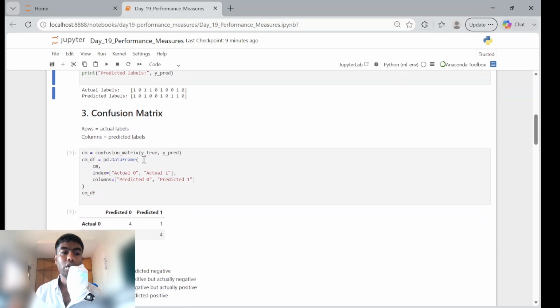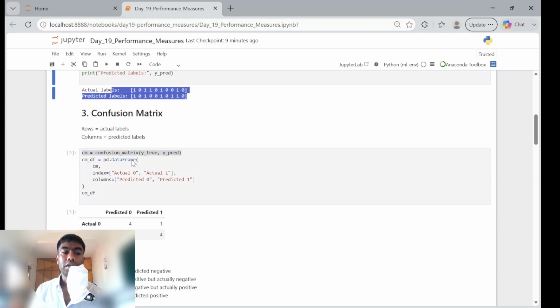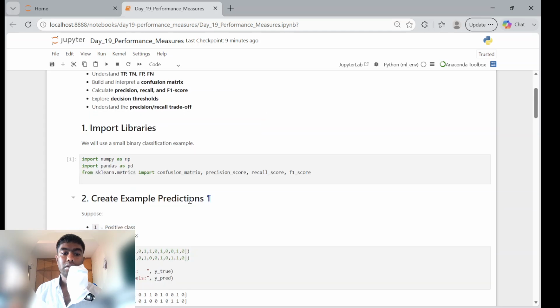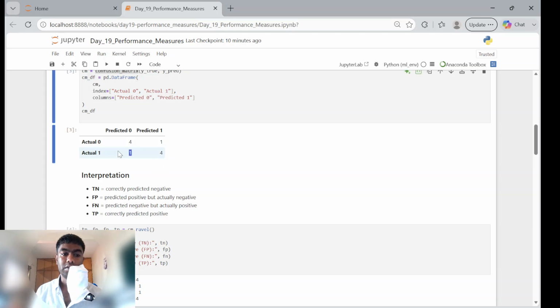To draw a confusion matrix, we pass these two arrays into the confusion_matrix method that we imported from sklearn.metrics, and we get such an array. We could see that the diagonal values are correctly predicted values, and the others are either false positives or false negative values, right?